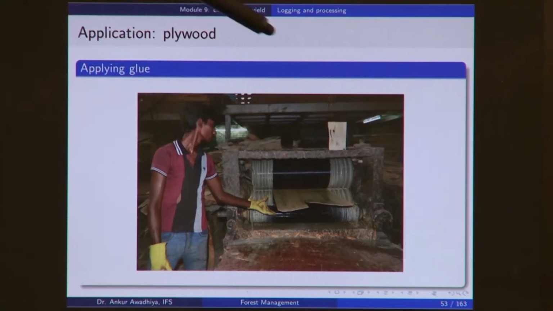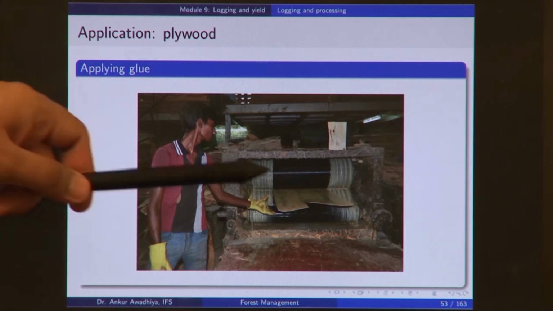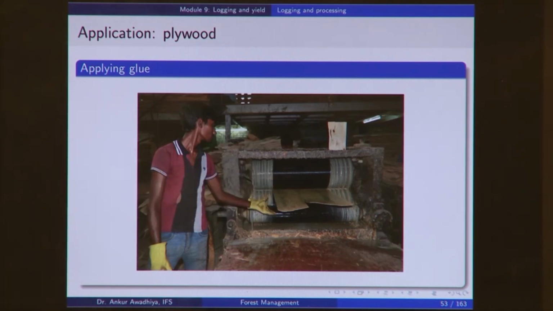There will be a person on the back side who will be putting these sheets one after the other through these rollers, and on both the faces the glue will get applied, and this next worker is now collecting these sheets which have glue on both the sides.